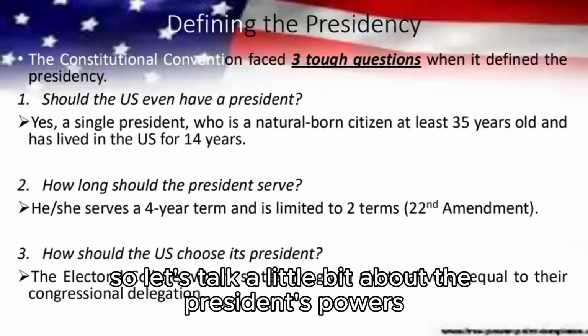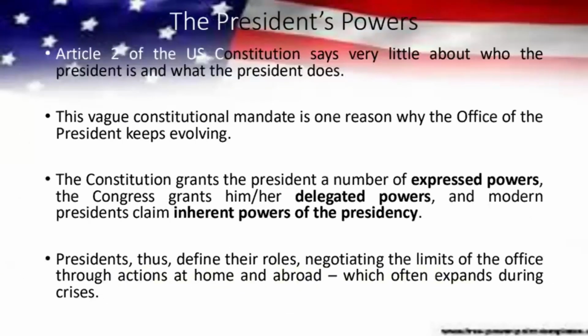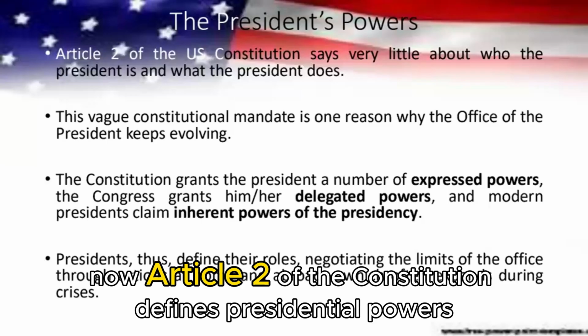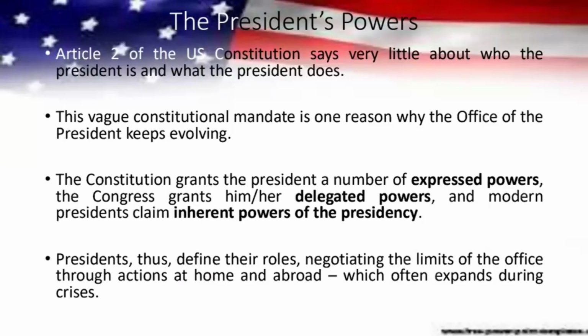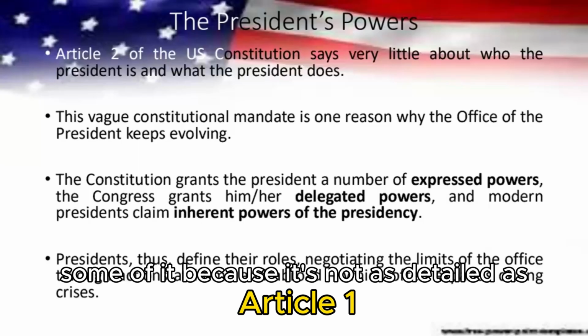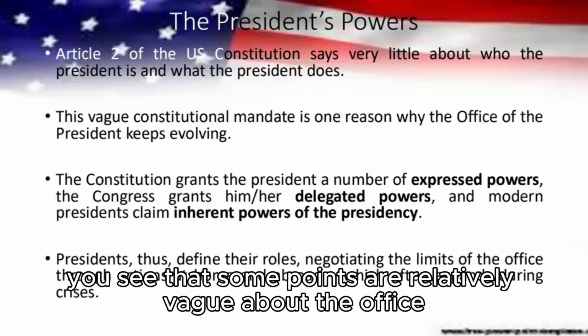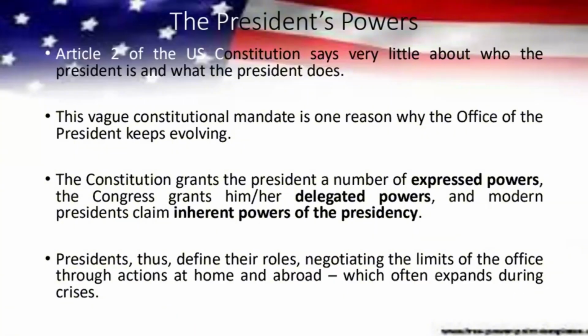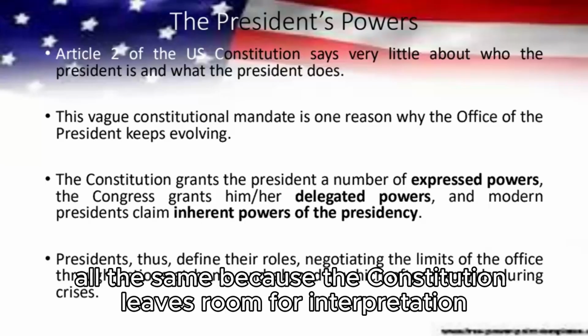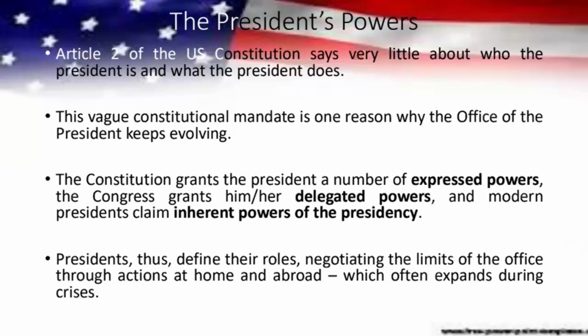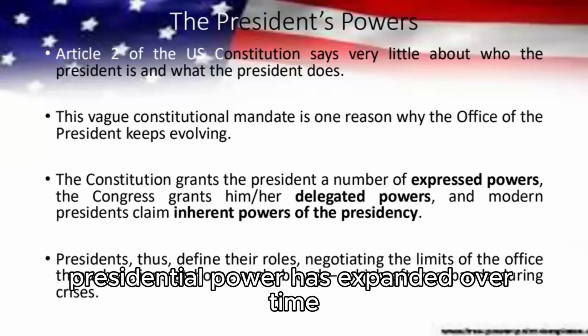So let's talk a little bit about the president's powers. Now, Article 2 of the Constitution defines presidential powers. Of course, because it's not as detailed as Article 1, some points are relatively vague about the office. All the same, because the Constitution leaves room for interpretation, presidential power has expanded over time.